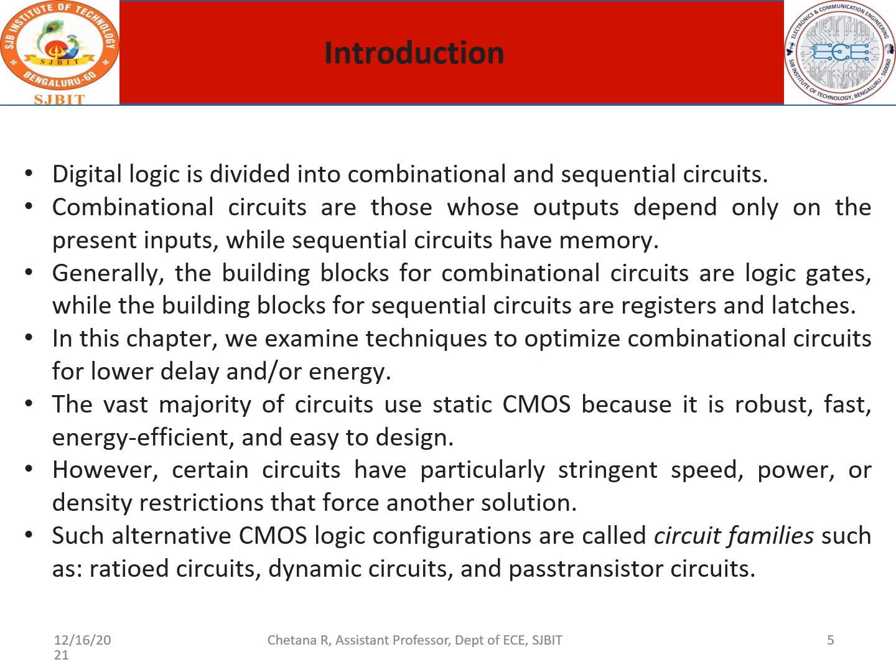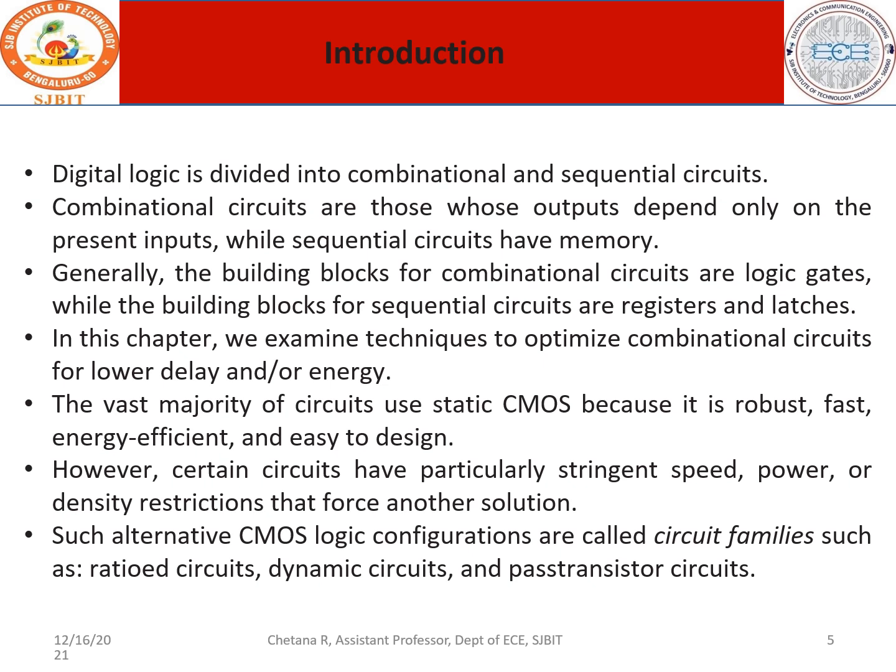Now here we will learn techniques to optimize combinational circuits in order to reduce the delay and the energy or power consumption. The majority of circuits use static CMOS, which is under combinational logic circuits, for the reason that it is robust, fast, energy efficient, and easy to design.